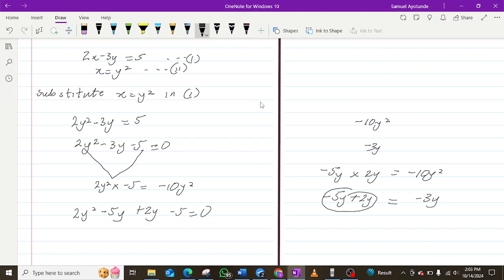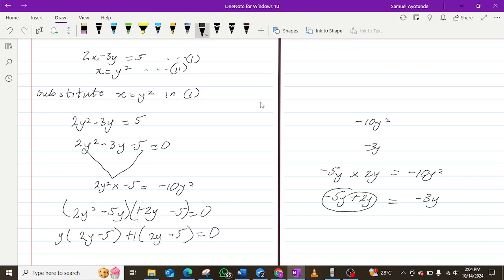Then we factorize. Y is common to the first two terms. So bring y out. We have 2y minus 5. Then positive 1 is the only figure that can divide the last two terms, so positive 1 comes out, and we are still left with 2y minus 5.